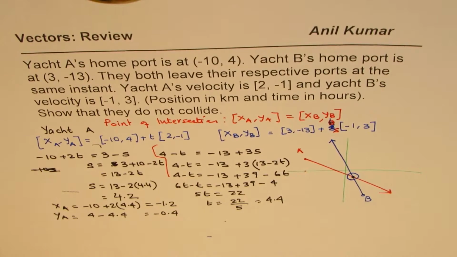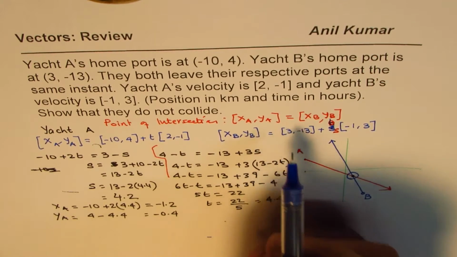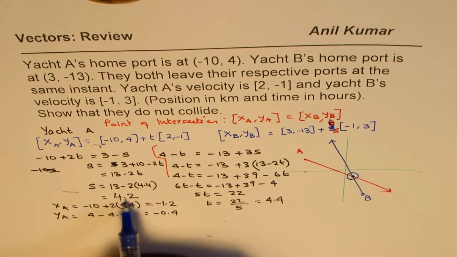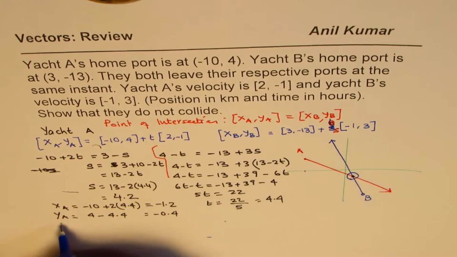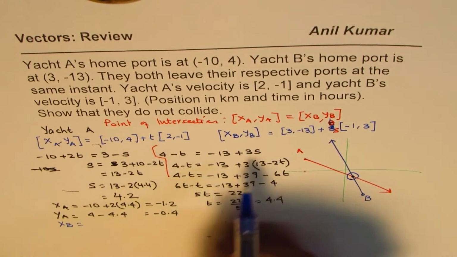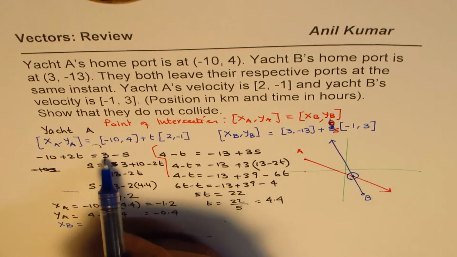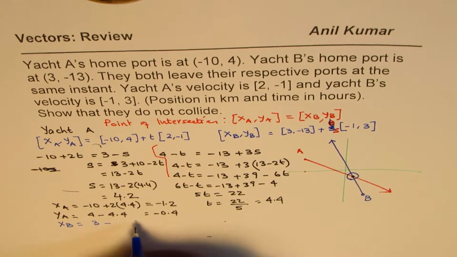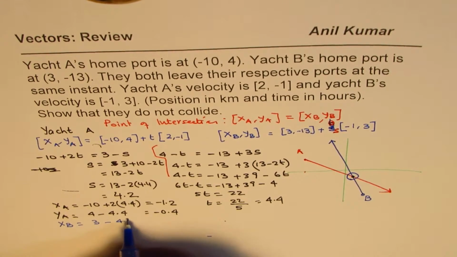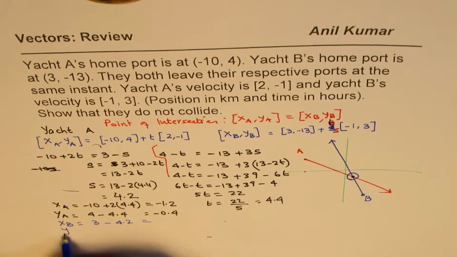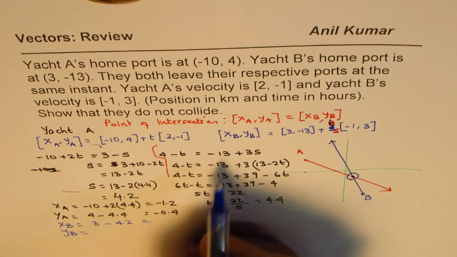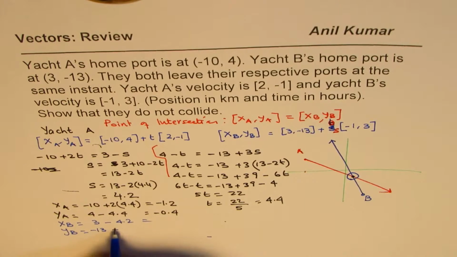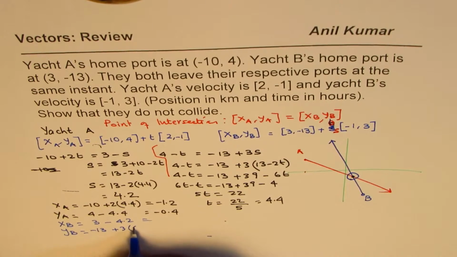Now let us find the position for the other boat. Using S equal to 4.2, we should get the same value, right? Let's check. XB is 3 minus S, that is 3 minus 4.2, and YB is minus 13 plus 3 times 4.2.